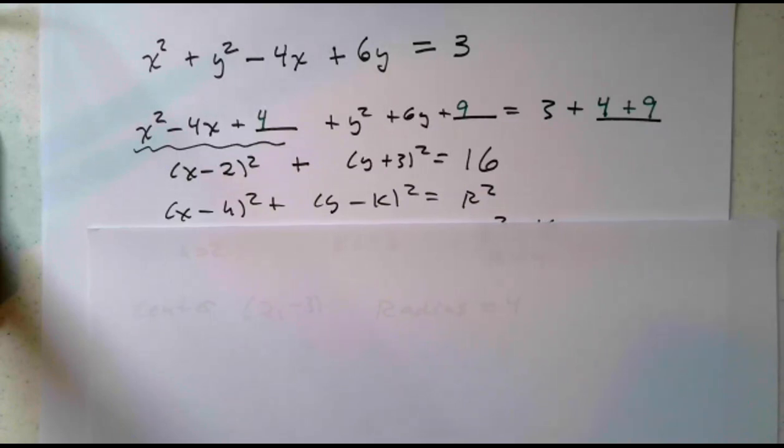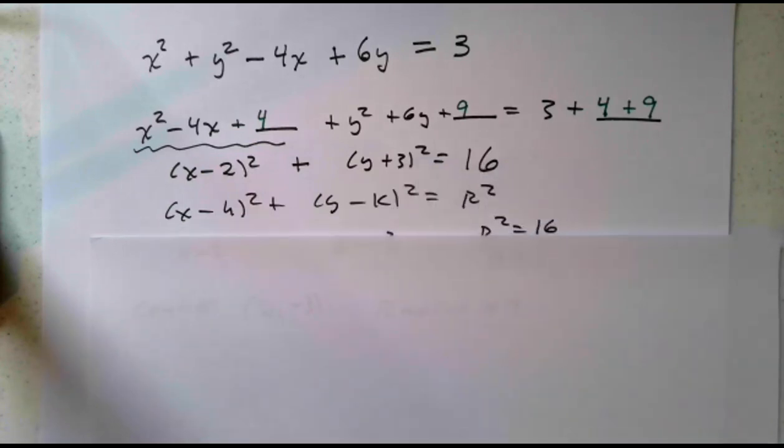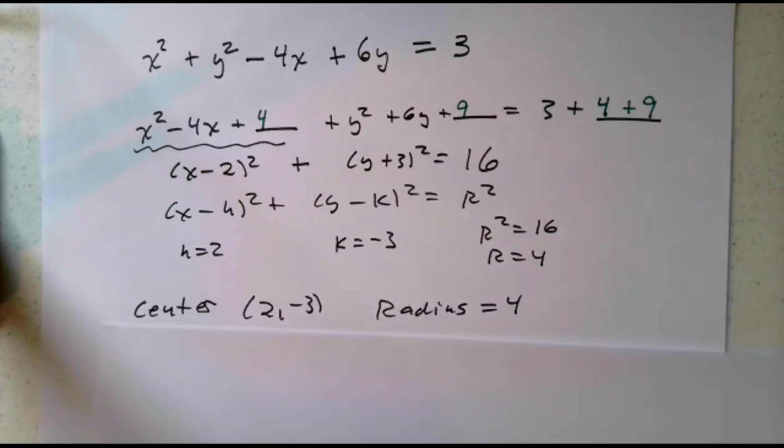Remember, here's our formula, x minus h squared plus y minus k squared is r squared. It'd be nice if you could think about how that's related to the distance formula, because that's what essentially defines the circle. So you can see h is 2, k is negative 3, r is 4. So our center is 2, negative 3, and our radius is 4.